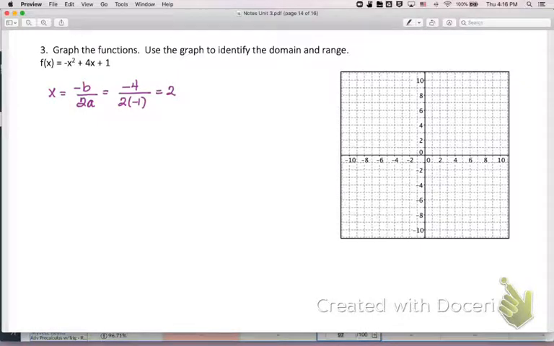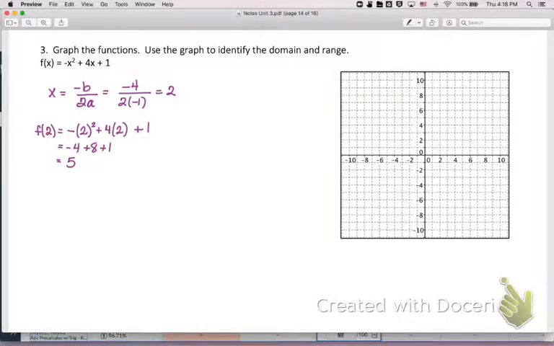Now, I need to plug that into my function. So if x is 2 to figure out my y value, I now want f of 2. And so that's negative 2 squared plus 4 times 2 plus 1. 2 squared is 4, and then we make it negative, plus 8, plus 1, so this comes out to 5.